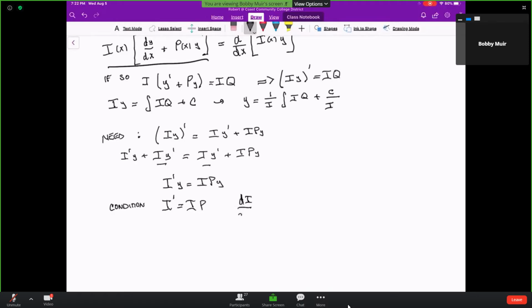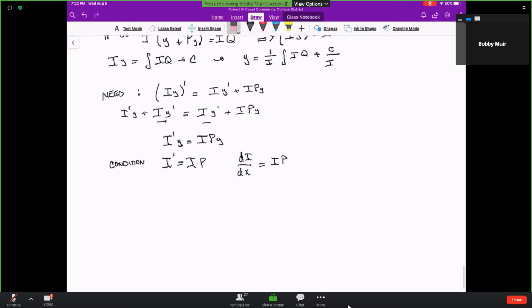dI dx is equal to I times P. So what we can do here is we can separate it and get that dI over I is equal to P dx. Okay, now we're not looking for the most general I, we're just looking for any I that does the trick.